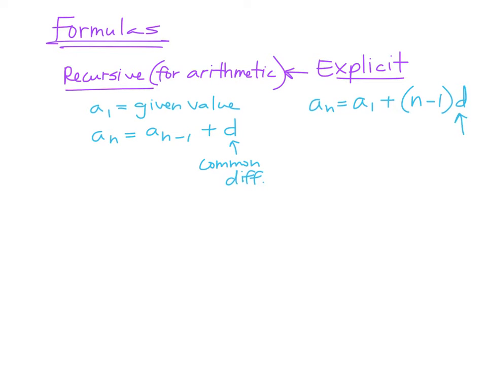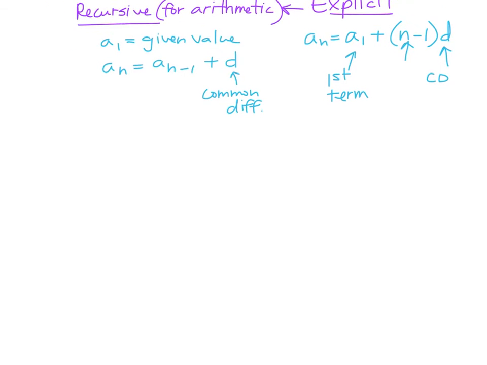And again, d is the common difference. A sub 1 is your first term. Okay? So you'll take that formula and be able to plug numbers into it, right? With explicit formula, we can say, what's the 15th term? We'll plug in a 15 right there. All right? Okay, so let's try this out.